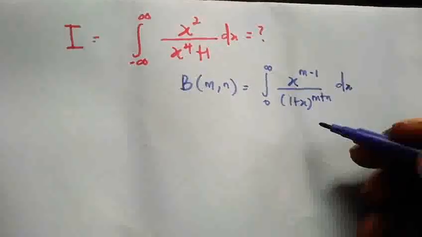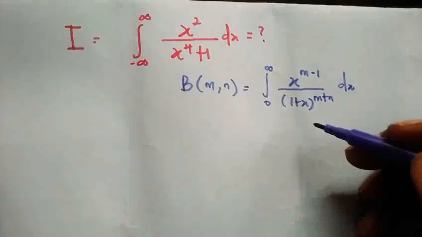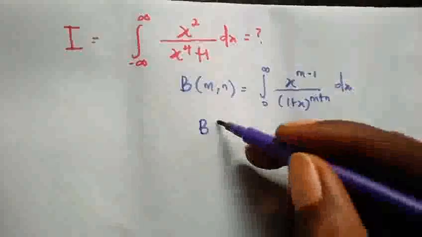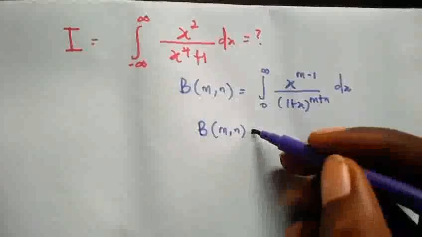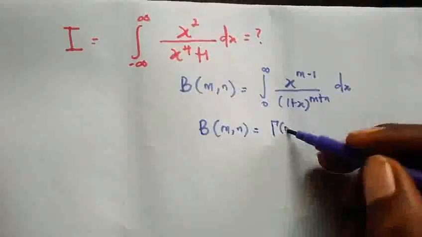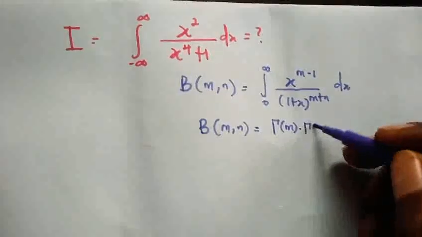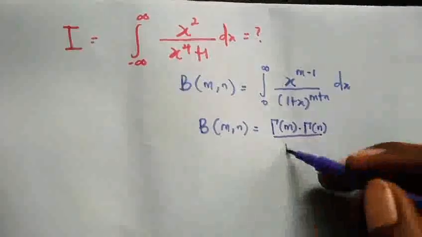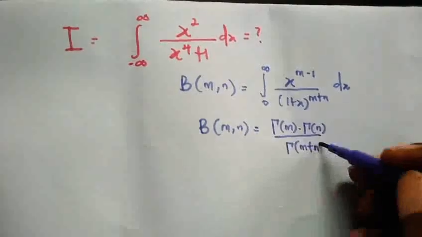Another one we need to recall is the relationship between the beta function and the gamma function, which is equal to gamma of m times gamma of n all over gamma of m plus n.